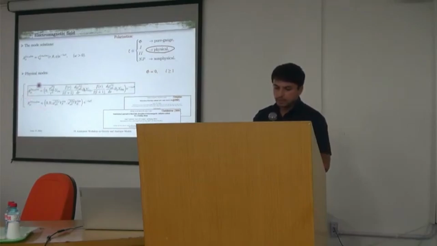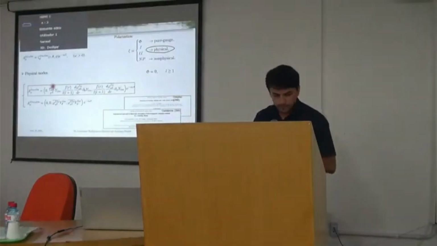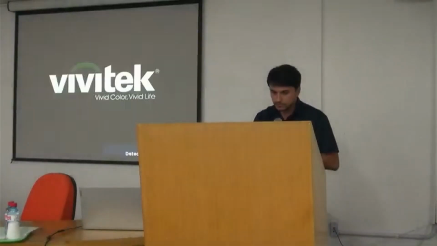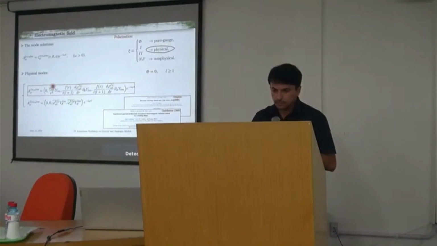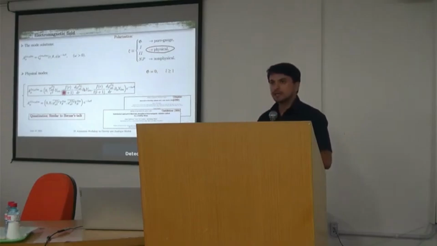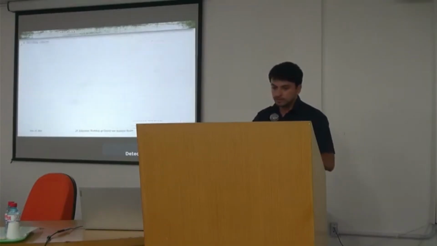I would like to note that only the first mode has a non-vanishing radial component, and this mode will couple to the current associated to the falling charge. The quantization of the electromagnetic field is a little bit similar to the scalar case that Rafael told us early today, so I will skip this part because of the time.